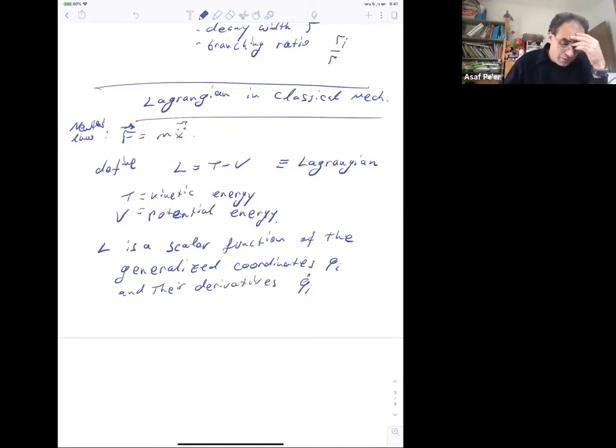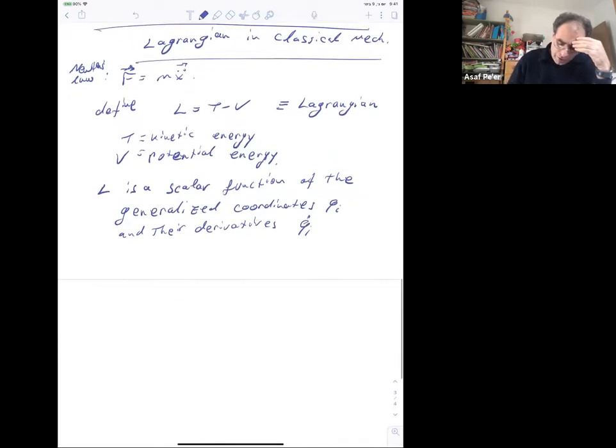Once we specify the Lagrangian, then the equation of motion is the Euler-Lagrange equation. This is what replaces Newton's second law.